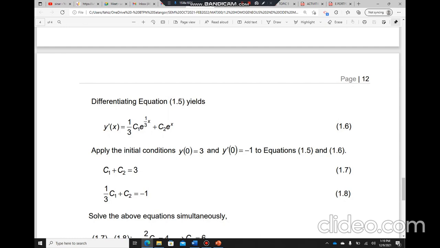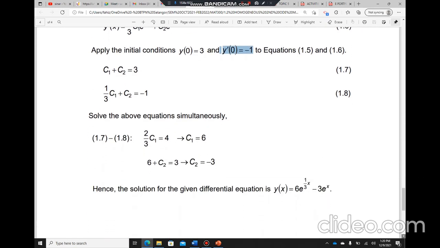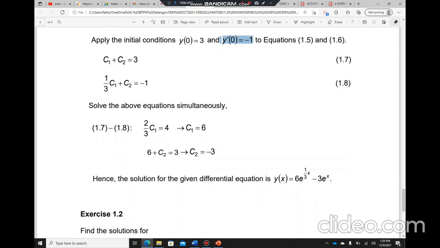Then you just substitute this initial conditions, just apply. Okay, yang ni masukkan bila x sama dengan 0, y sama dengan 3, masukkan dalam y. And then yang ni bila x sama dengan 0, y prime equals to negative 1. So you solve the simultaneous equation, you get the value of C1 and C2, where C1 equals to 6 and C2 equals to negative 3.